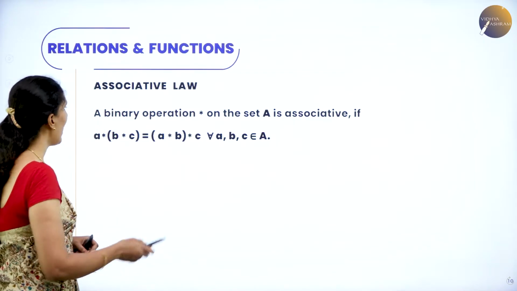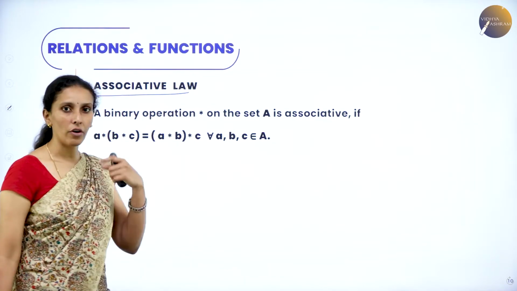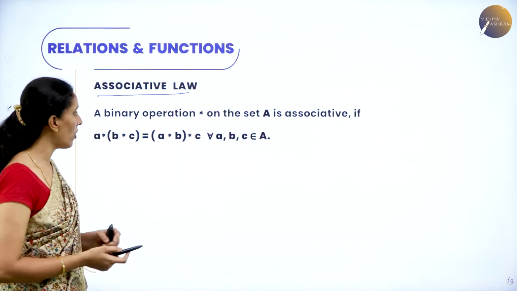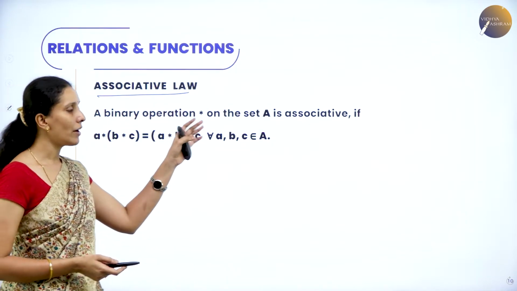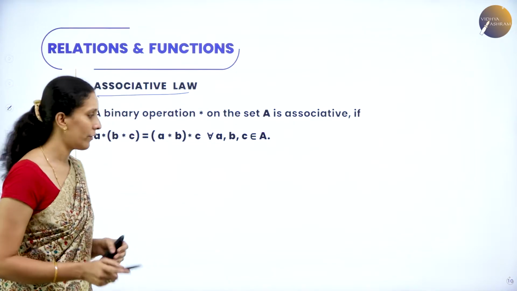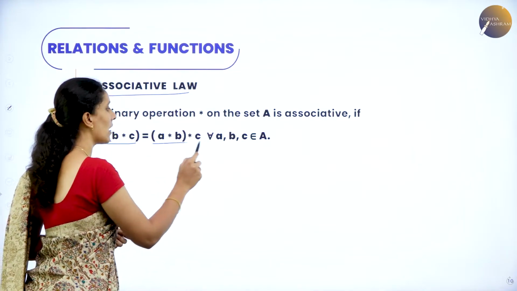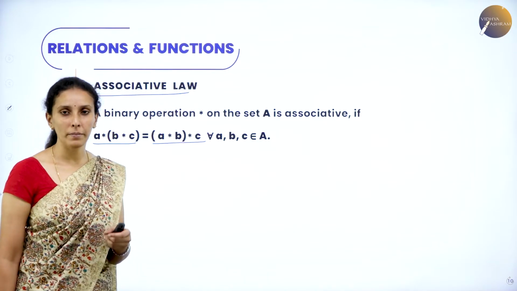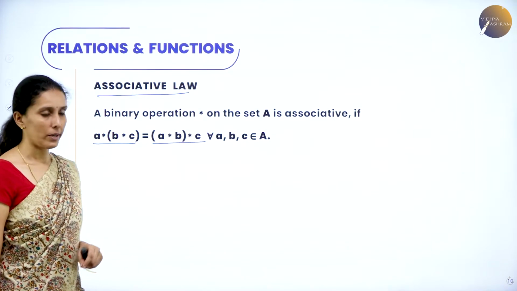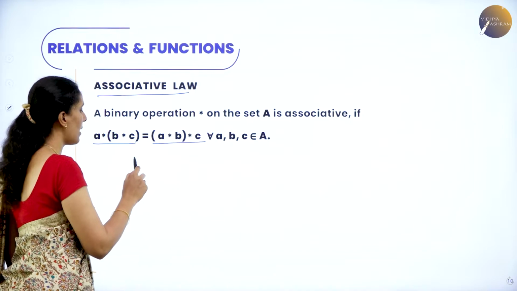Next one, we have the associative law. You are already familiar with what the associative law is. So a binary operation star on the set A is associative if (a star b) star c is equal to a star (b star c) for all a, b, c belongs to A. So let me take an example.